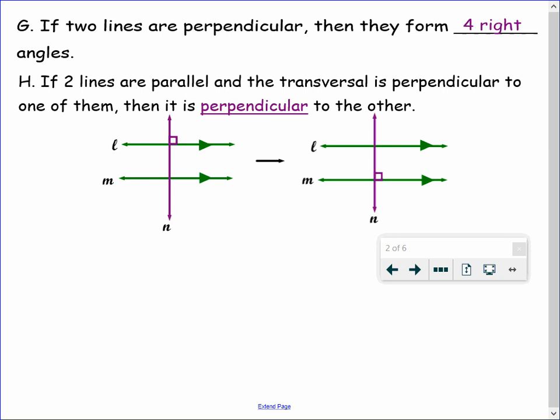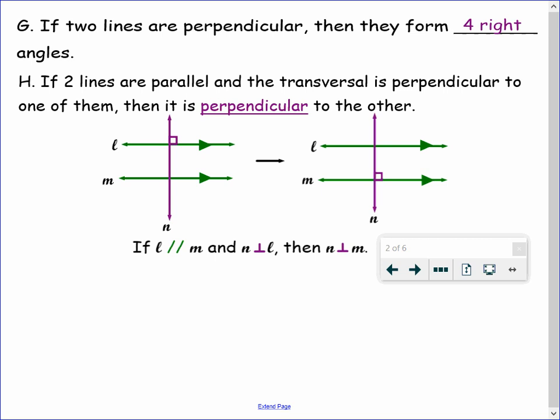So it's perpendicular to M as well. So in writing, it looks like this. If line L is parallel to line M, and you also know that line N is perpendicular to L, then N also has to be perpendicular to M. So this is the only other way that we have to prove that lines are perpendicular.